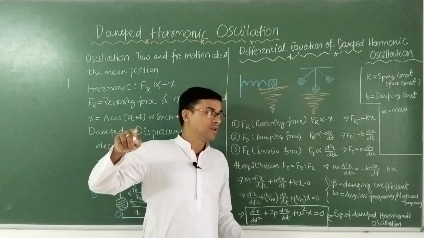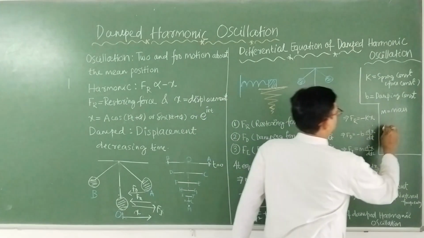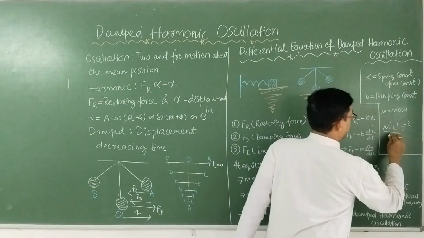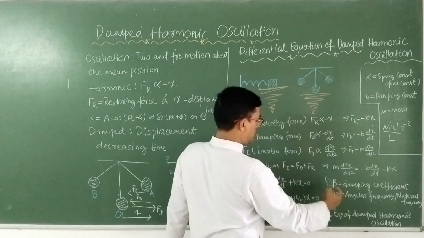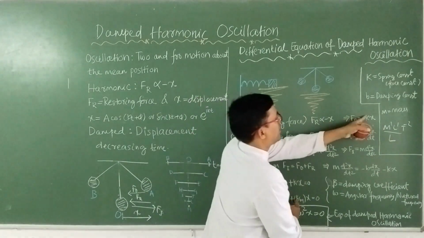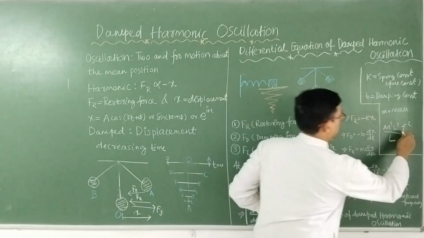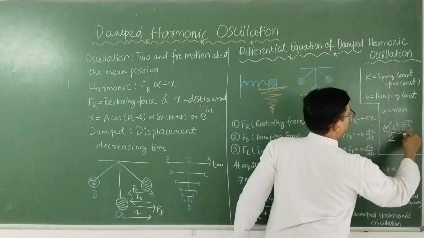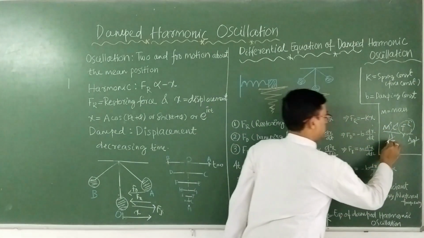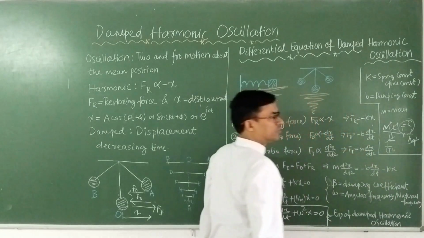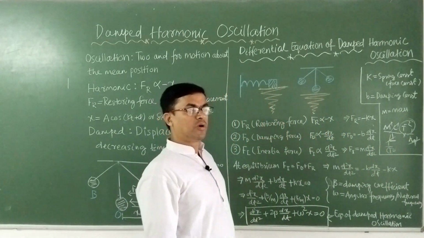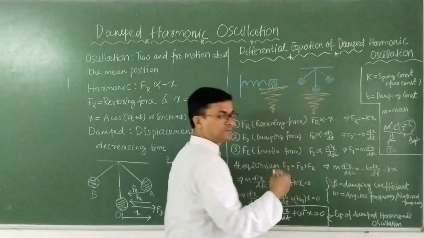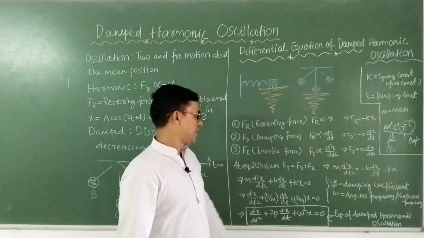Force equal to mass into acceleration, with dimensions M1 L1 T minus 2, and k equal to F by x, x being displacement. Then k by m, all the dimensions cancel and we find T to the power minus 2, that is 1 by t square. Since 1 by t is frequency, 1 by t square is frequency square, therefore we have written omega square. So k by m is omega square, and omega square x equal to 0.